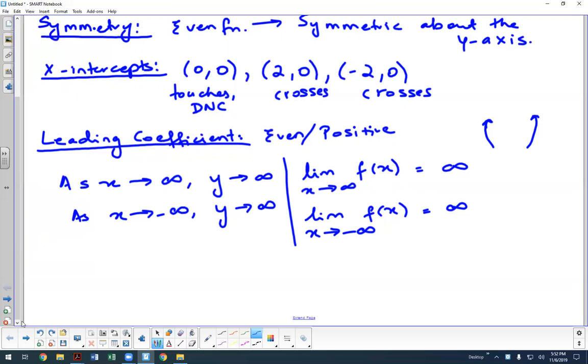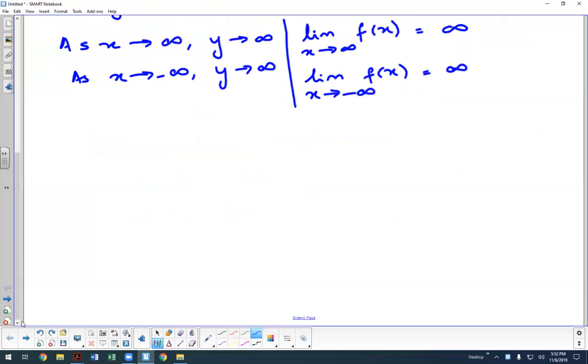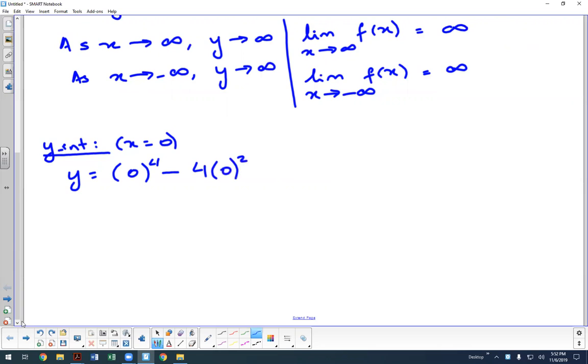So one of the ordered pairs that we should try and find is the y-intercept. So to find the y-intercept, we make our x value 0, right? So our function is y equals x to the 4th minus 4x squared.